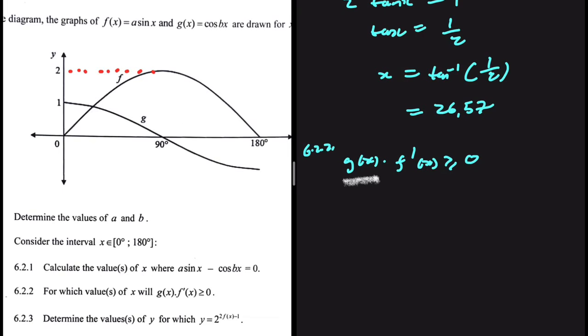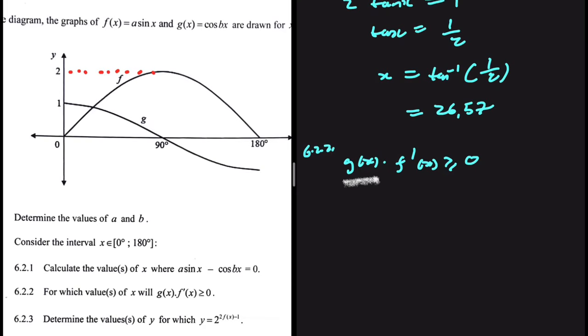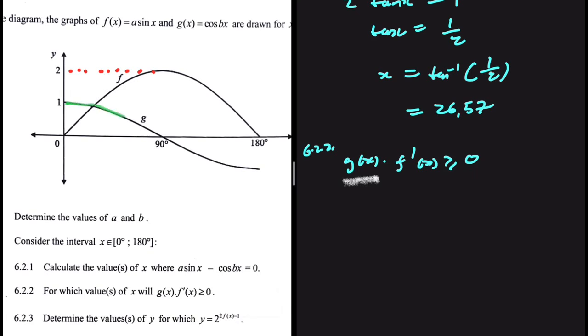We're going to highlight where g of x is positive with a green color and where g of x is negative with a red color. So from this point up until x is equal to 90, g of x is positive. And then from 90 to 180, it is negative.